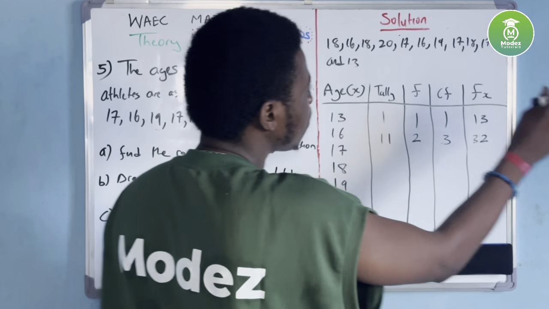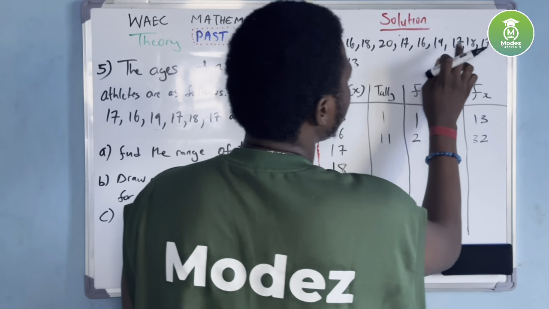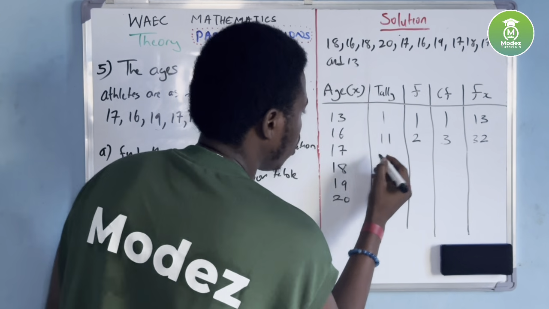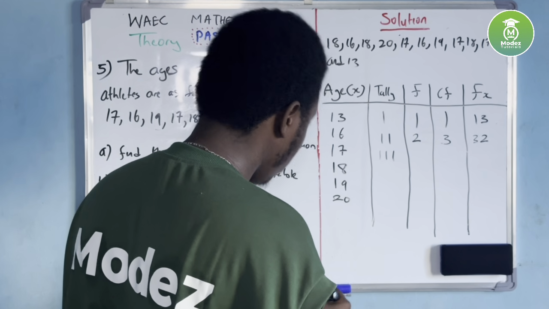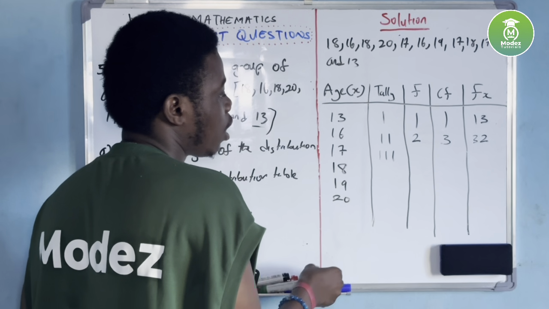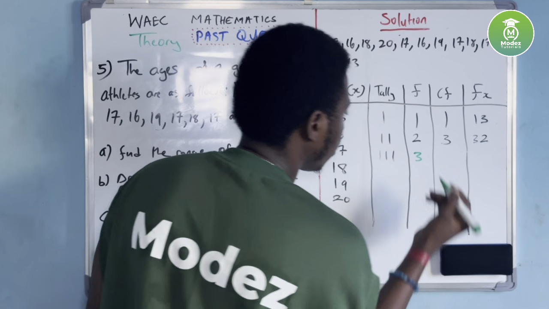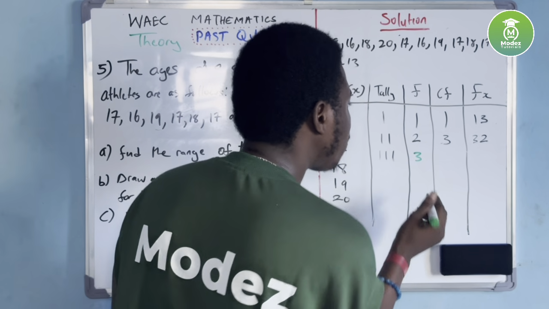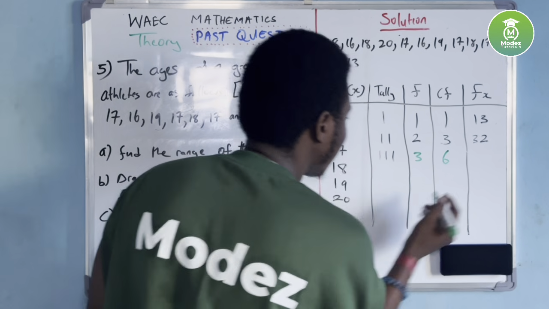For 17, how many times did 17 occur? 1, 2, 3. That would be the tally. Then for frequency, it's going to be 3, right? Then cumulative frequency will be 3 plus 3, which should give you 6.